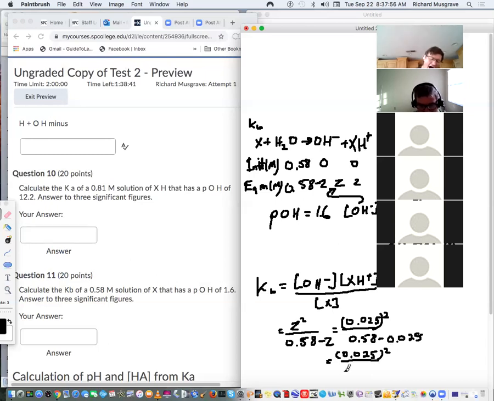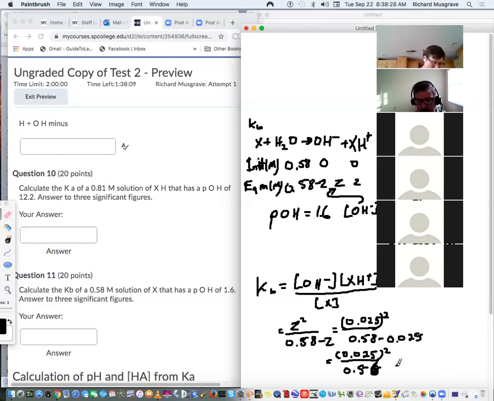And that would be, let's see, 0.55. When I put that into my calculator, let me make sure I get this right. Yeah, 0.555, actually, it should be 0.56 is what I'm going to have to put in here.